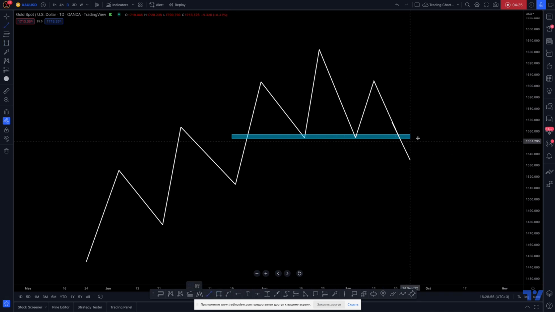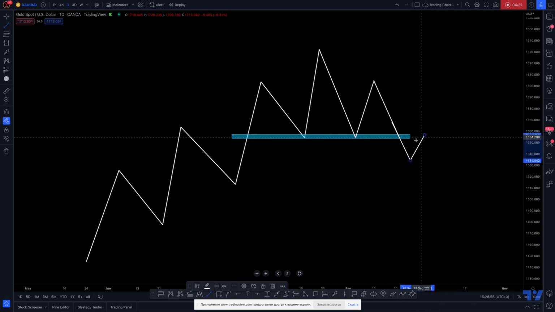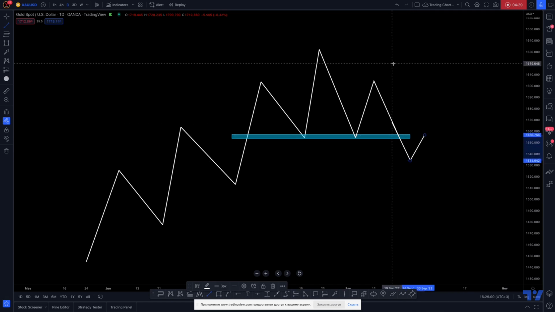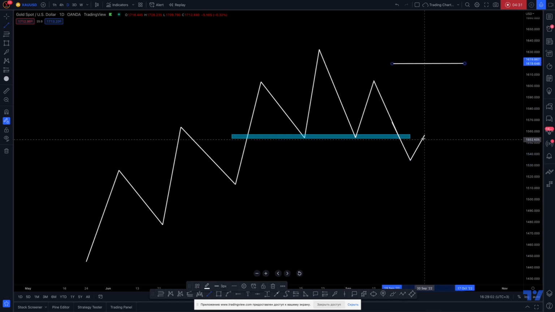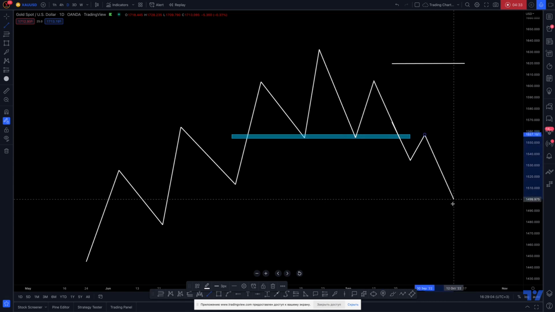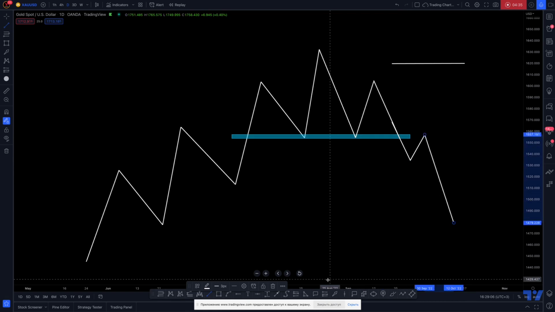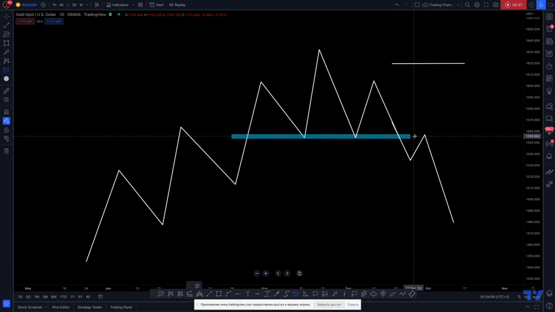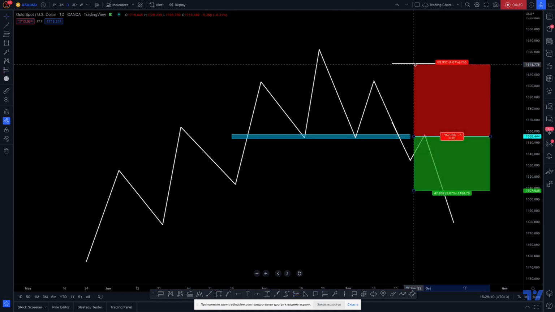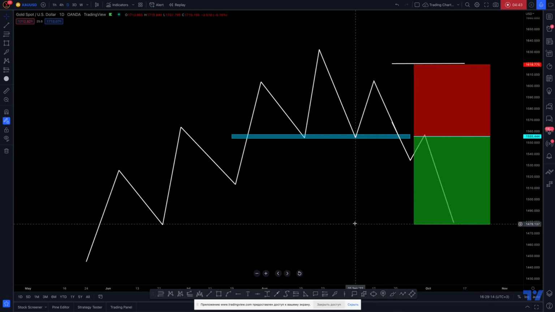Then usually on the retest, we open a short position, we set the stop loss above the highs of the pattern, and we expect a bearish continuation to lower structure levels. Following such a strategy, most of the time we have quite a nice risk to reward ratio, right?